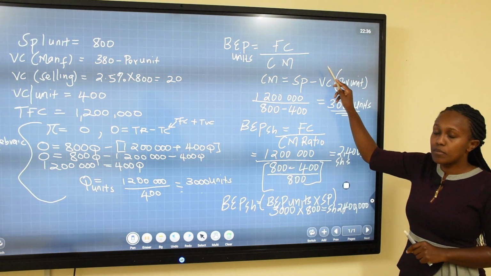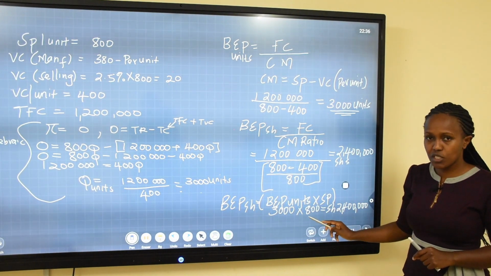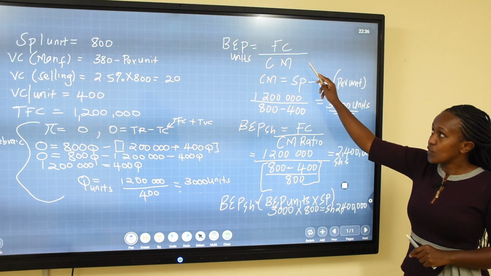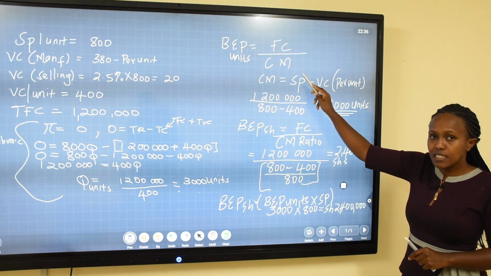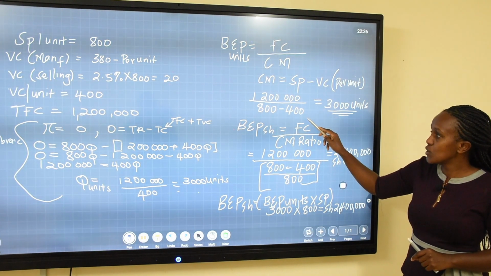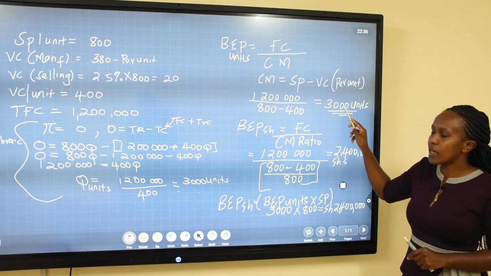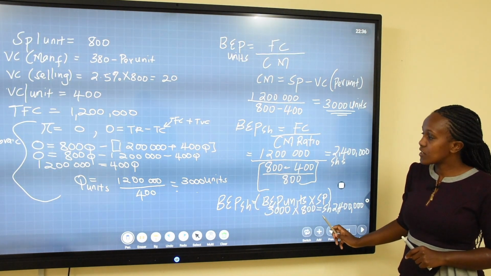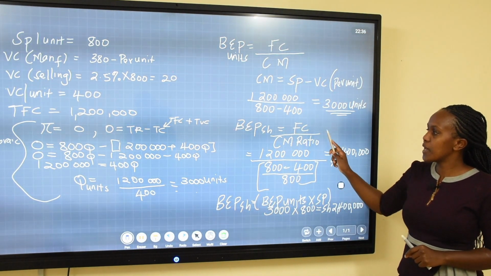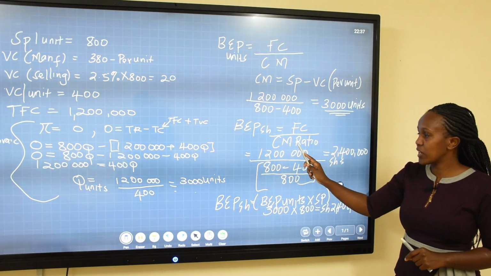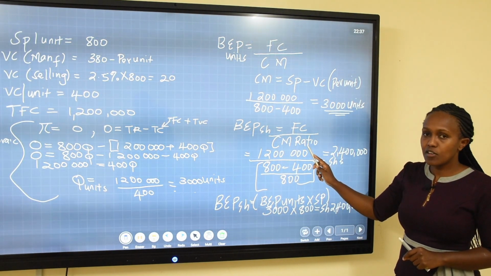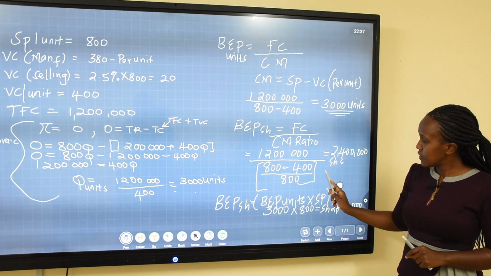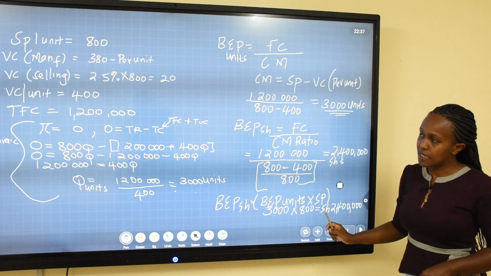Or we can use the contribution margin approach, using this formula, which is fixed cost over contribution margin, we can get the break-even point in units. If we simply multiply that with the selling price, we can get the break-even point in shillings. Alternatively, we can use this formula, whereby instead of having contribution margin as a denominator, we have contribution margin ratio. And then they are going to give us the same answer.